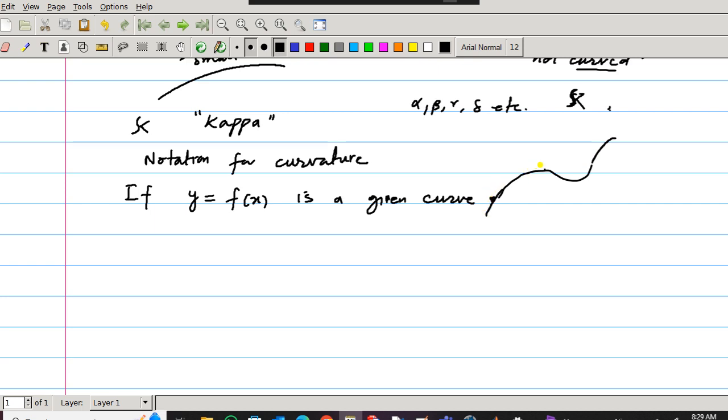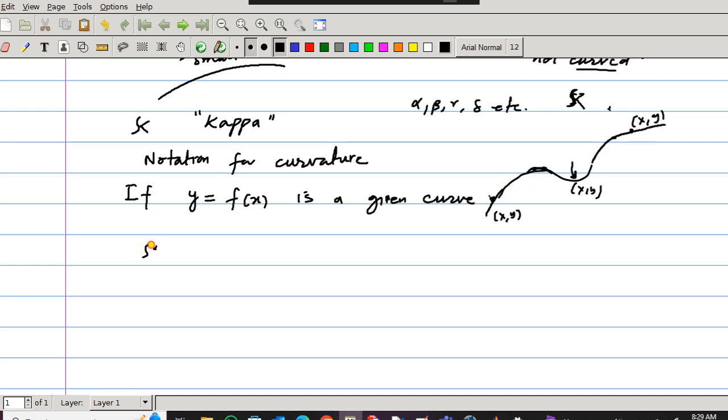At this point a little bigger, because the bend is a little higher, and the highest curvature will be here, because there is more bend. Again, if it gets straight, then curvature will become zero. So at every point I can find the curvature.